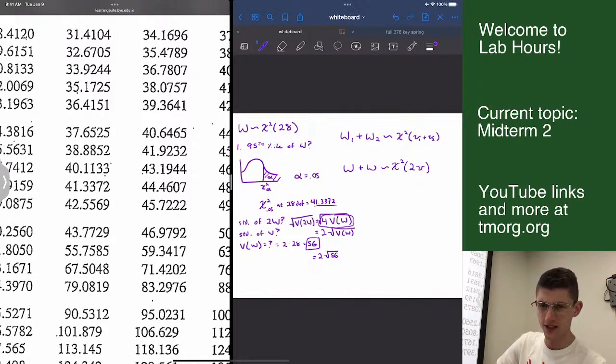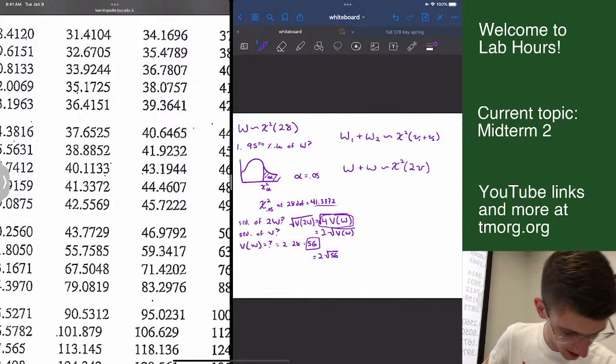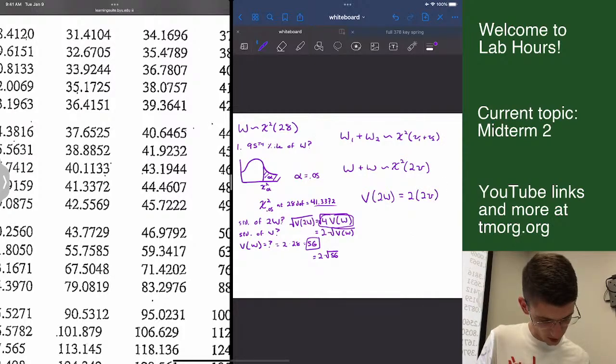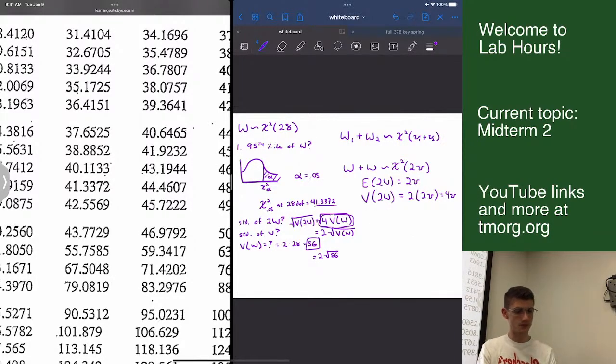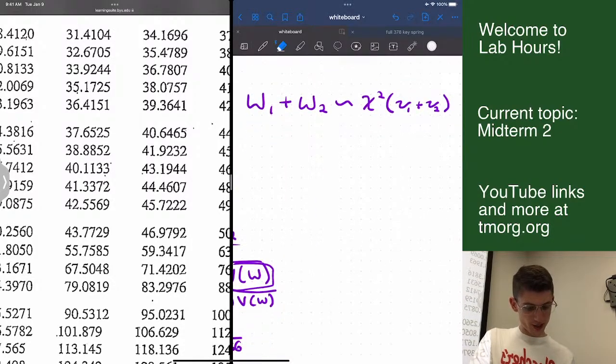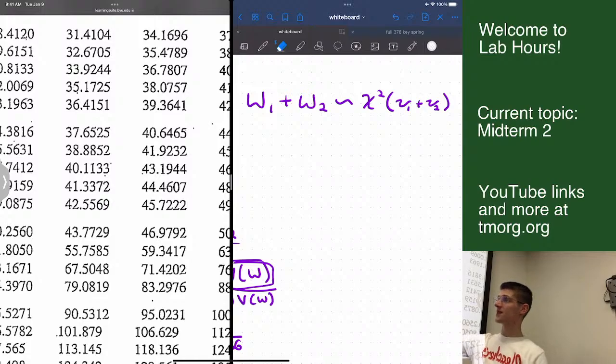Because the variance of 2W is equal to 4 times the variance, and the expected value of 2W is equal to 2 times the degrees of freedom, which is what we found. So basically, pretty sure this is true, the W1 plus W2 thing.